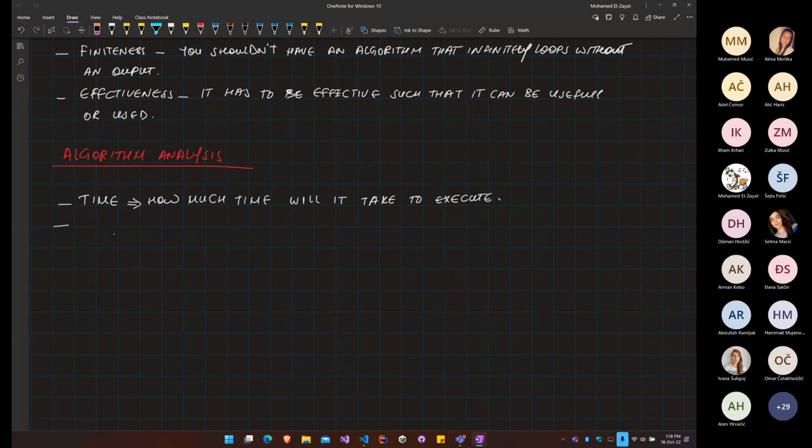You also ask for the space: how much memory space it will consume.